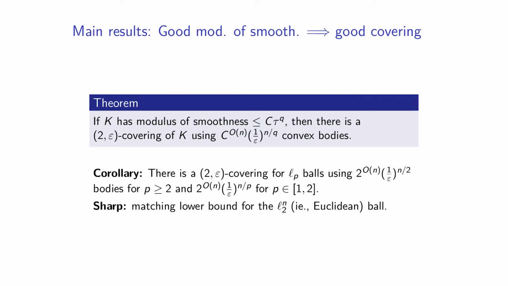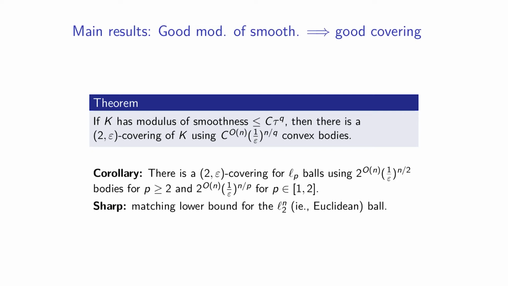Okay, and so we have two main results. The first one is that if you have a norm for which the modulus of smoothness is good, so this exponent up there is big, let's say it's 2, then you have a good 2 epsilon covering. Good meaning with few bodies.